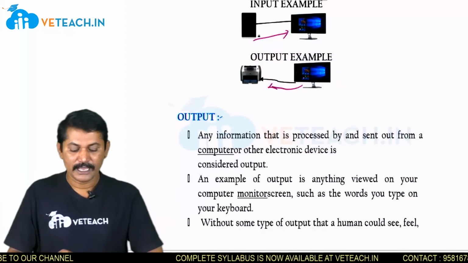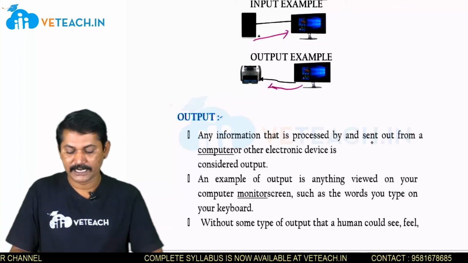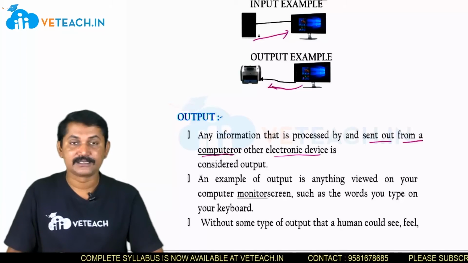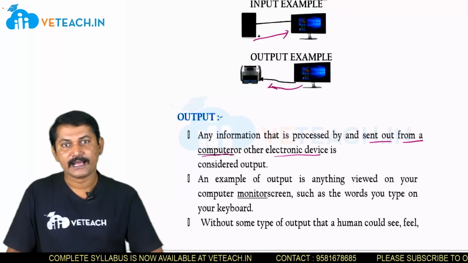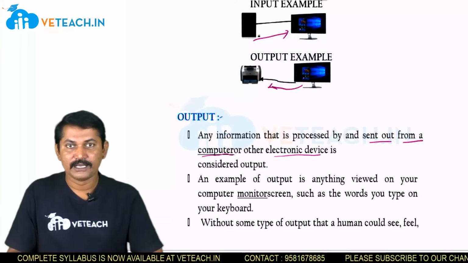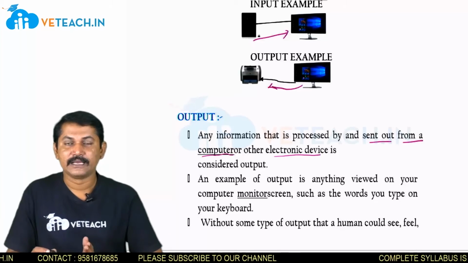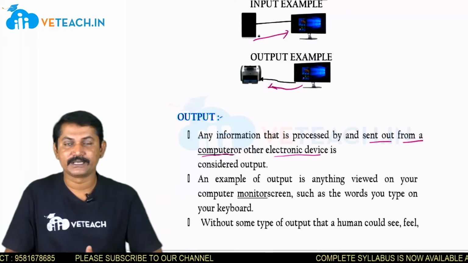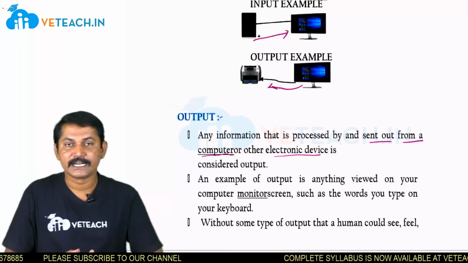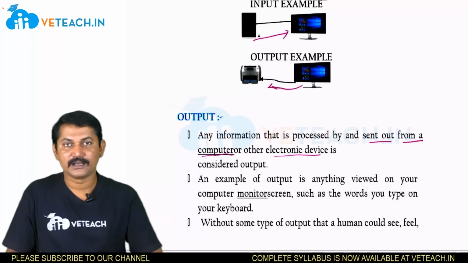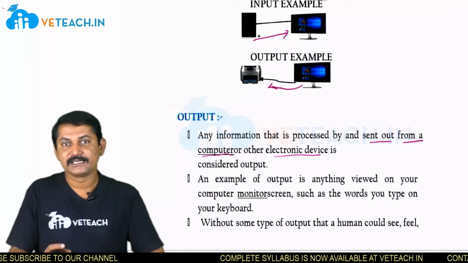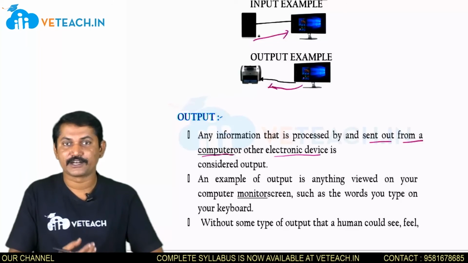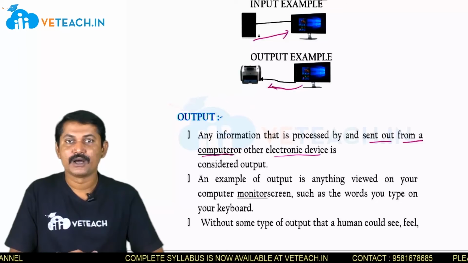Next one is output. Any information that is processed and sent out from a computer or electronic device is considered as output. As I said earlier, not only the computer, but an electronic device which takes the input, stores the data, processes the data and generates the output is also considered a computer, and the result given by the electronic device can be considered as output.